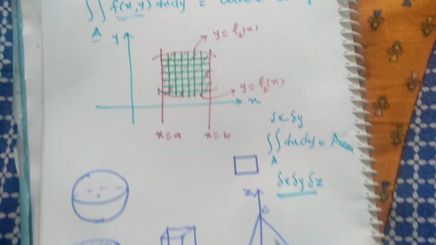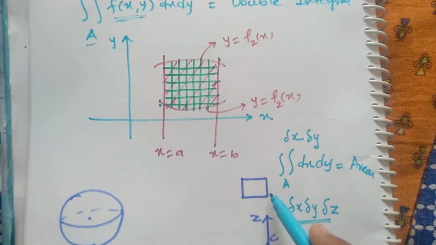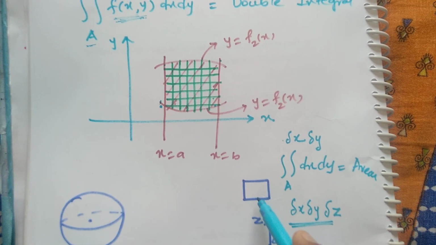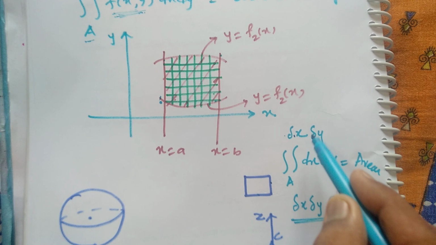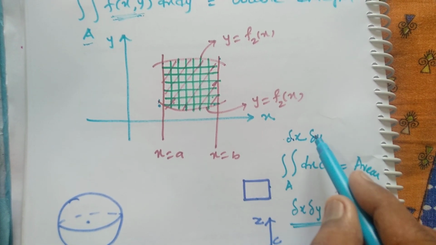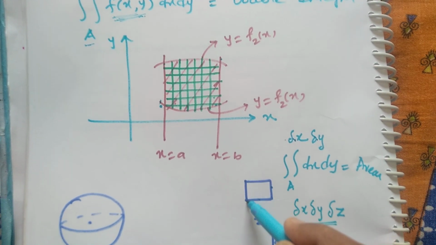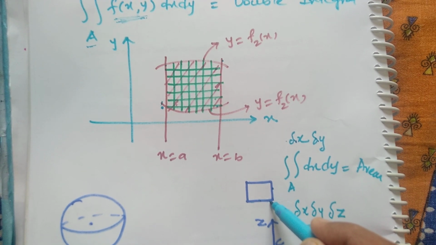This is the representative rectangle, whose change in length is delta x and change in y is delta y, so delta x times delta y gives the area of this rectangle.